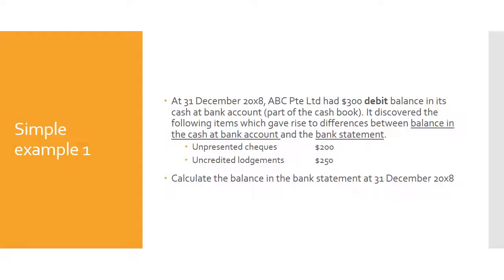Okay, let's use the table that I've demonstrated to you earlier on, that summary table, and use that to demonstrate how you use that information to solve a very simple question like example 1. So say for instance, ABC Private Limited had $300 of debit balance in its cash and bank account, and it discovered the following items that gave rise to the differences between balance in the cash and bank account and the bank statement.